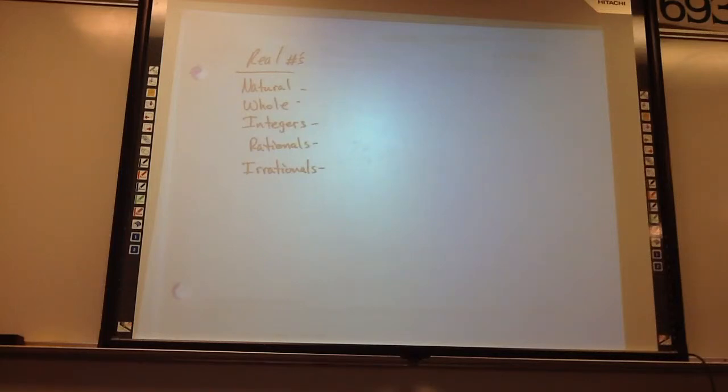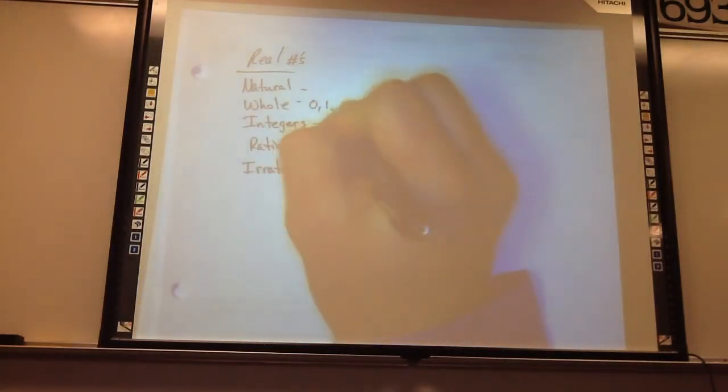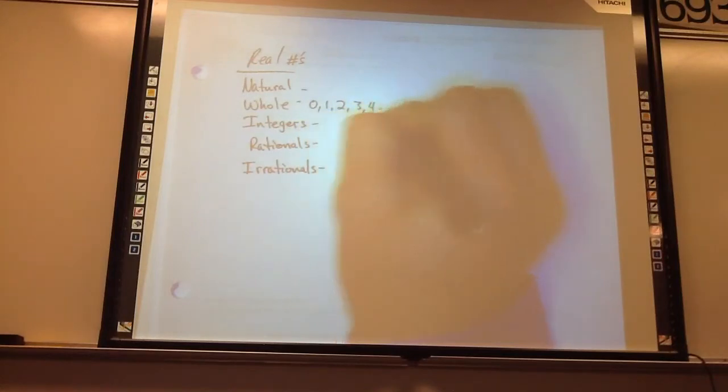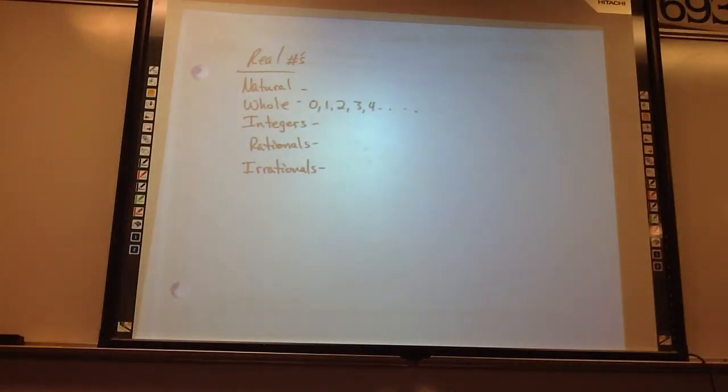They can't have decimals, can't have fractions. Fractions and decimals, same thing. It's just written a different way. The whole numbers are all positive. Whole numbers are 0, 1, 2, 3, 4, on and on and on. No decimals. Those are whole numbers.